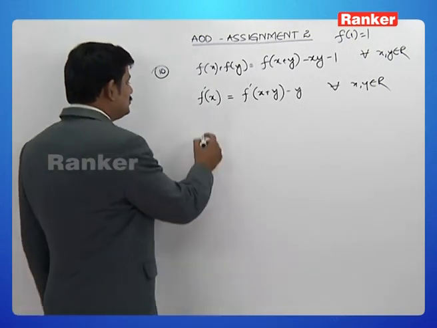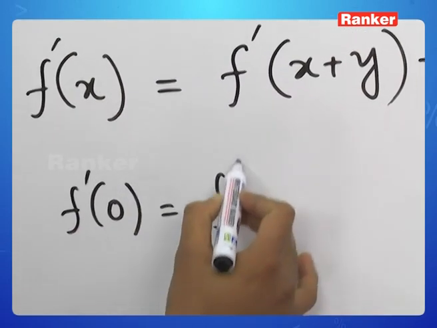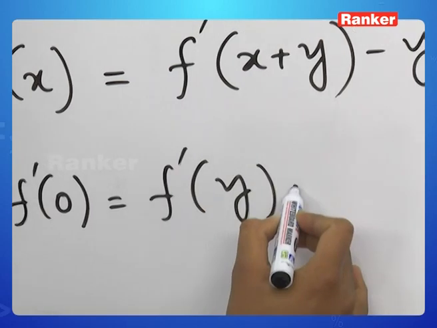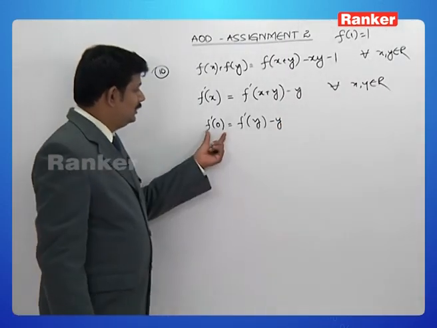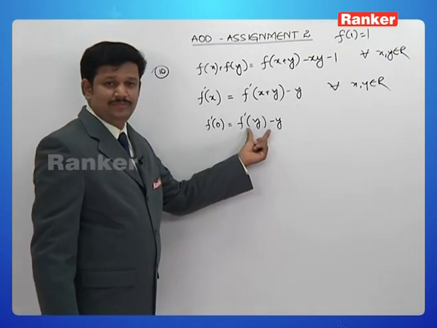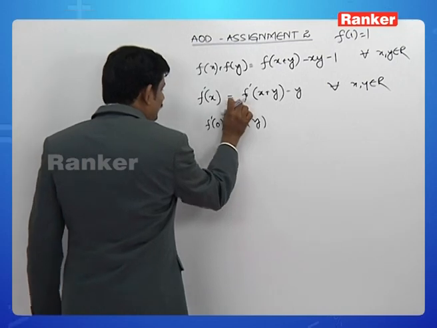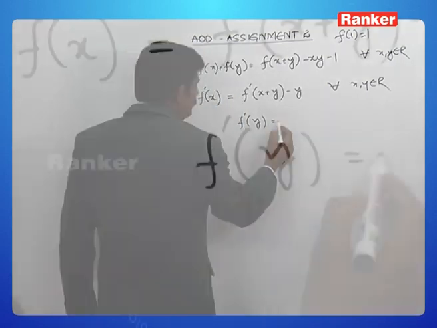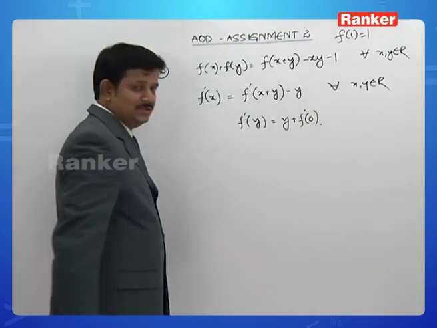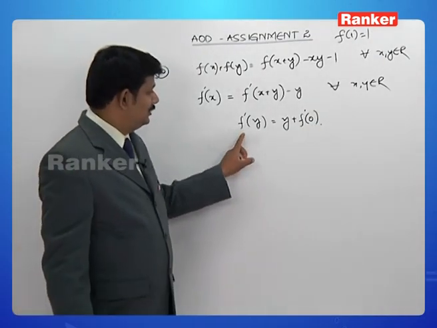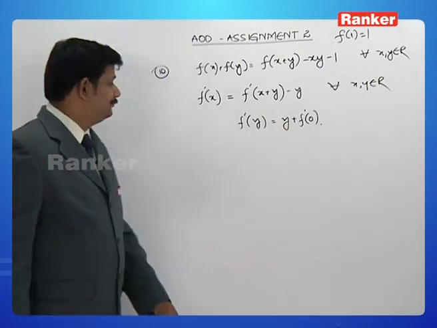Let us put x equal to 0 here. f dash of 0 is equal to f dash of y minus y, or throwing y to the other side, f dash of y is equal to y plus f dash of 0, which is a constant. f dash of y is equal to y plus f dash of 0.